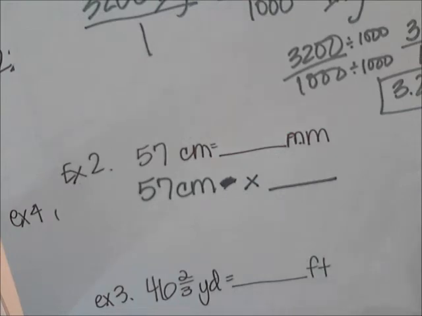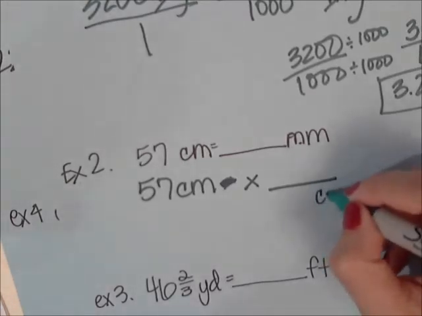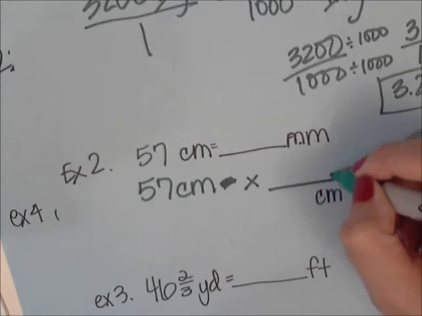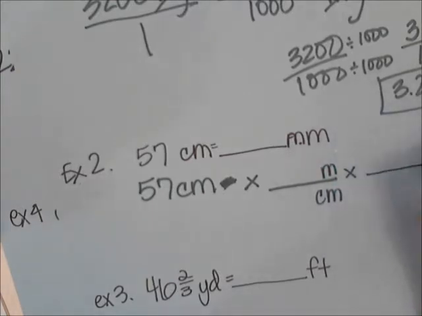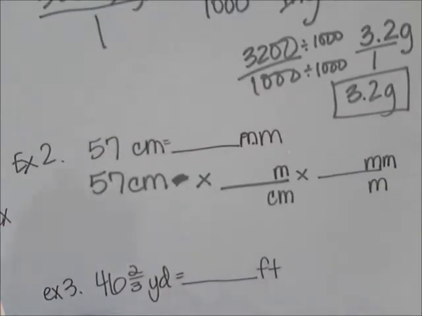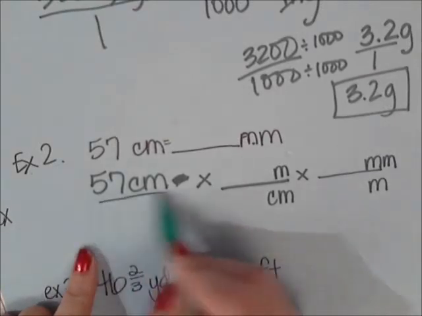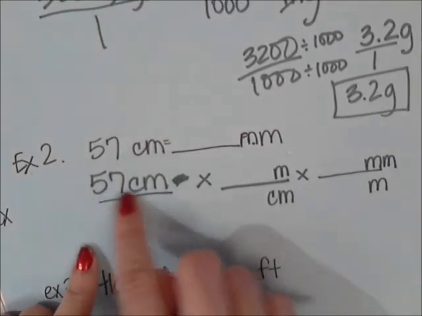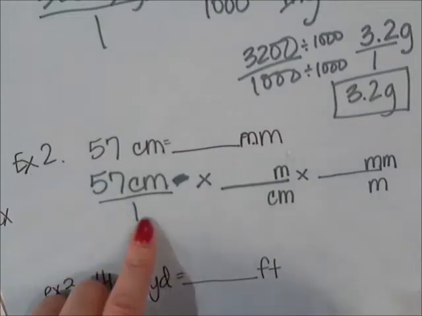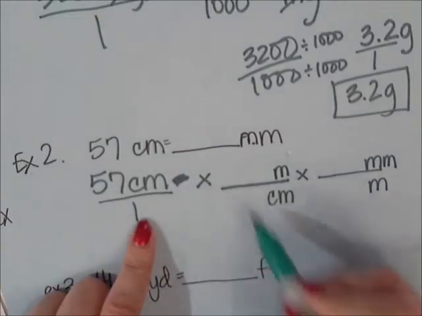I'm going to use the conversion factor because that's the way that I like to get my answers. Even though it might take long sometimes, it always gets me to the right place. This is just my way of doing this. So I'm putting 57 centimeters over 1.